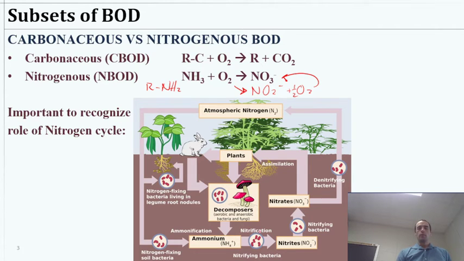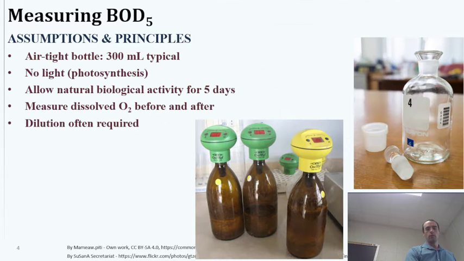The nitrification, taking those forms into nitrate. All of that in the nitrogen cycle, we can kind of consider that. And for our BOD system, really we're talking about the points where we are consuming oxygen for those components.